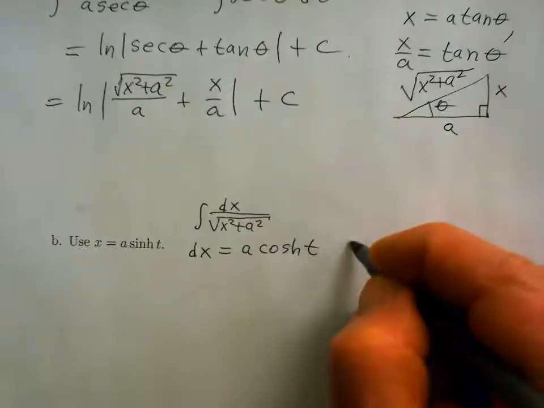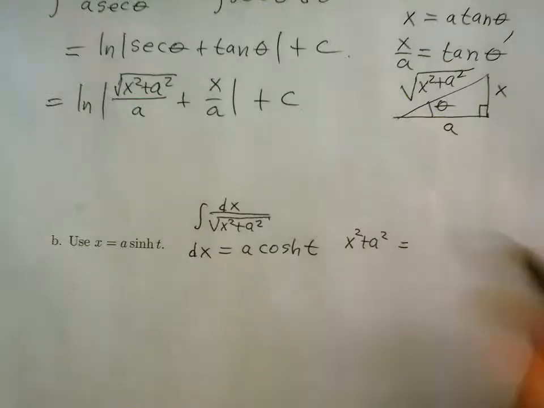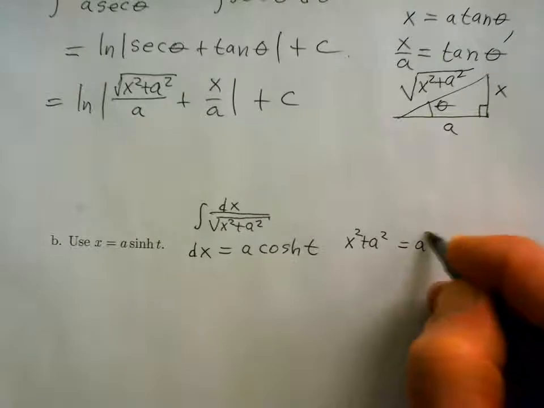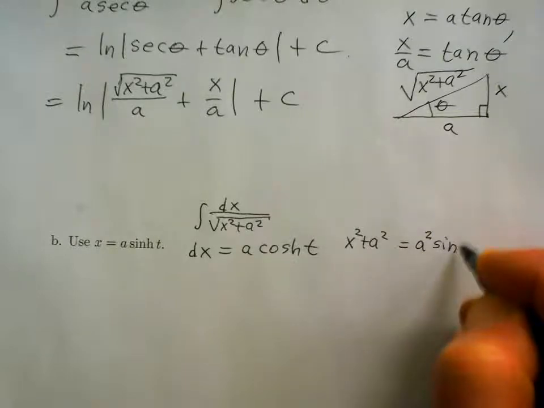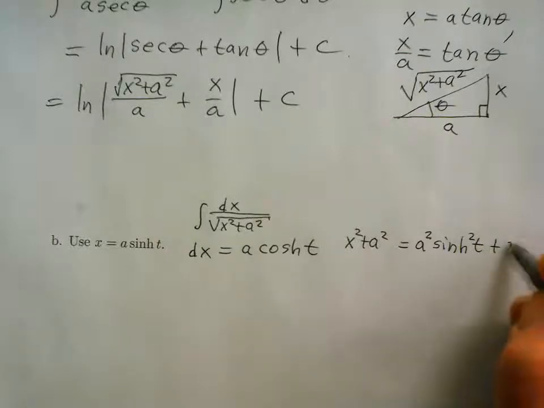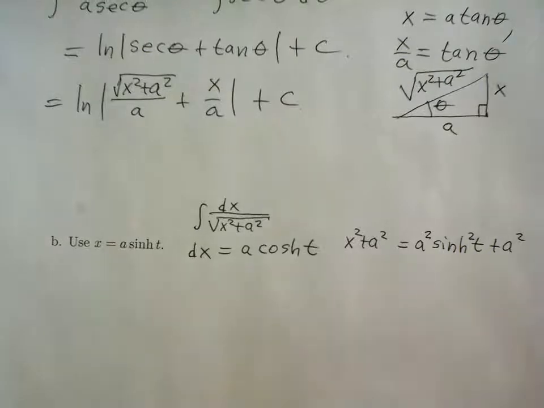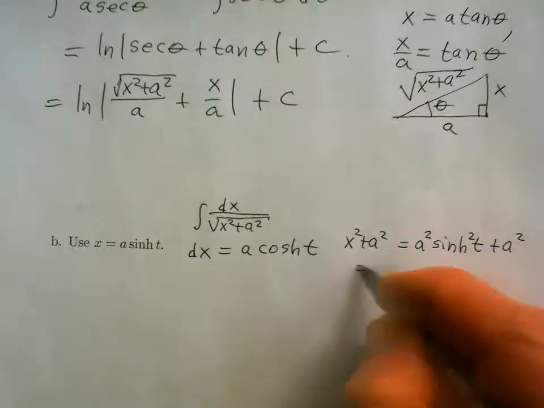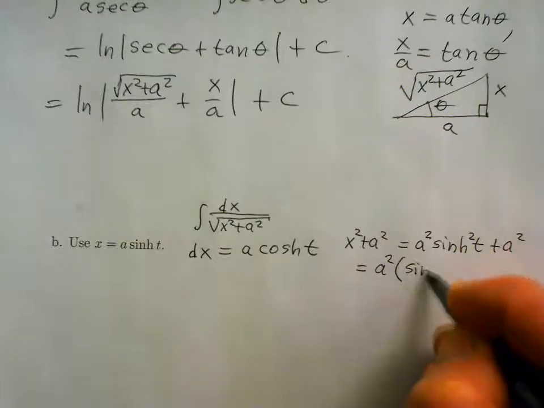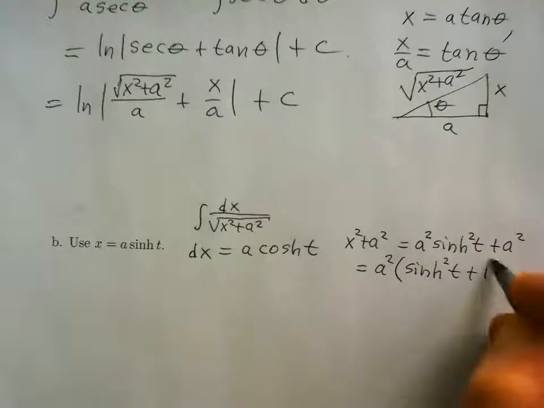And our x squared plus a squared, well, when we square x, we get a squared times hyperbolic sine of t squared, and then plus a squared. This is a squared times the quantity hyperbolic sine of t squared plus 1.